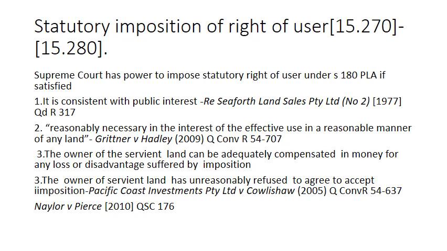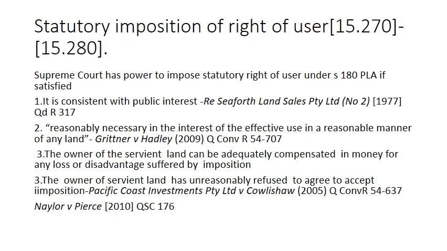For example, in Pacific Coast Investments and Cowlishaw, on the slide, the court did impose a statutory right of user in the form of a driveway to a car park, the imposition of which had already been accepted by the owner of the servient tenement at some time in the past. And there was adequate evidence that the servient tenant had previously acquiesced in the construction of the car park, which was linked by the driveway to be imposed to the road.